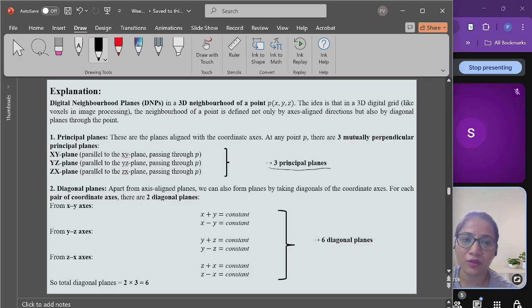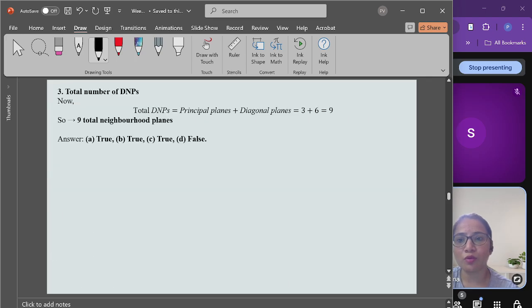So the total number of digital neighborhood planes will be the principal planes plus the diagonal planes, so 3 plus 6, which is 9.